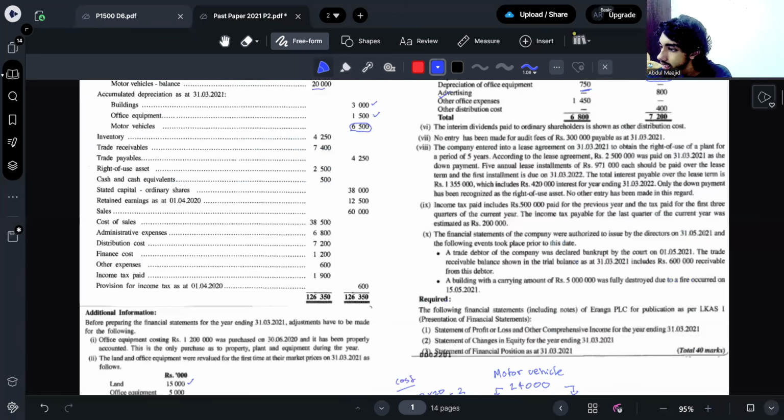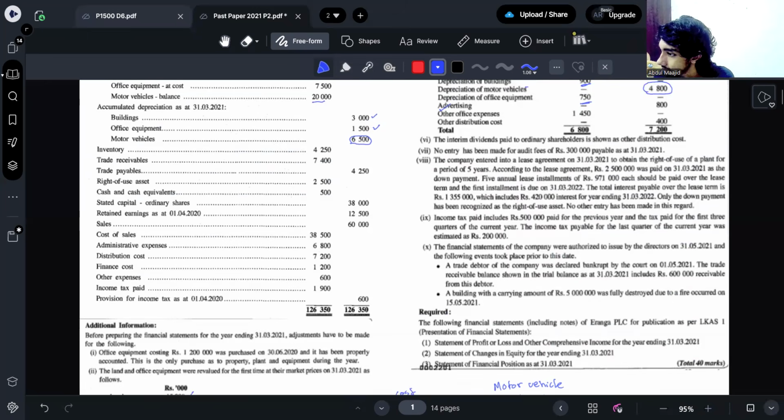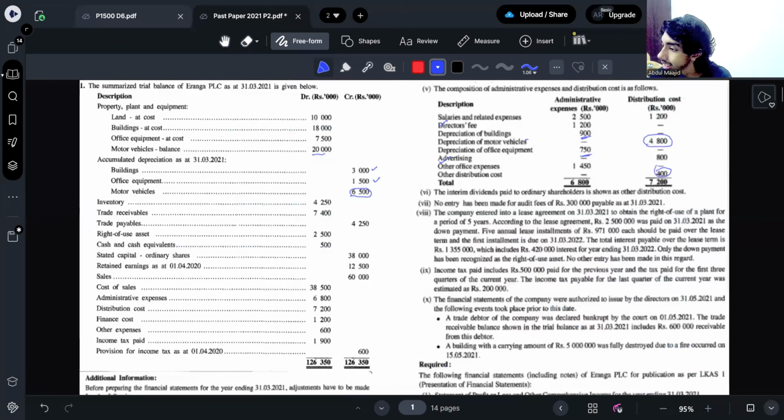Okay, then moving on to the next adjustment. The interim dividend paid to ordinary shareholders is shown as other distribution cost. This other distribution cost that is given here refers to interim dividend. Interim dividend is not a distribution cost; we record it under the statement of changes in equity. So remove that from distribution cost.